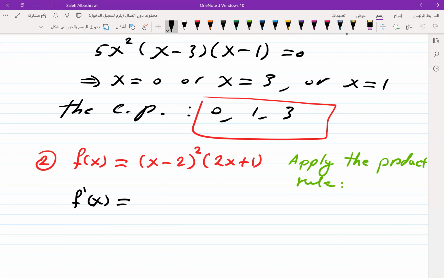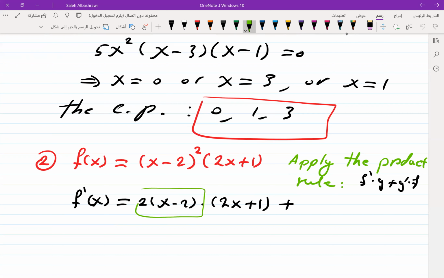That will give me f prime g plus g prime f. So f prime is 2 multiplied by x minus 2 multiplied by 2x plus 1, plus, this is f prime, this is g, now the derivative of g, the second one, is 2 multiplied by x minus 2 squared.